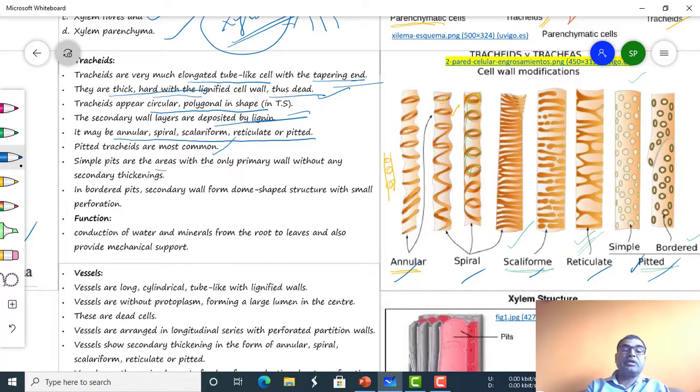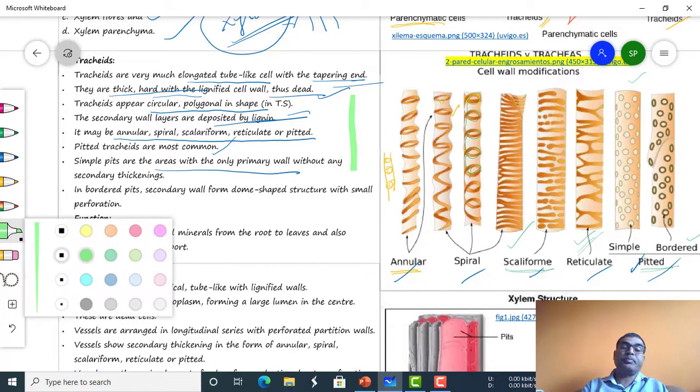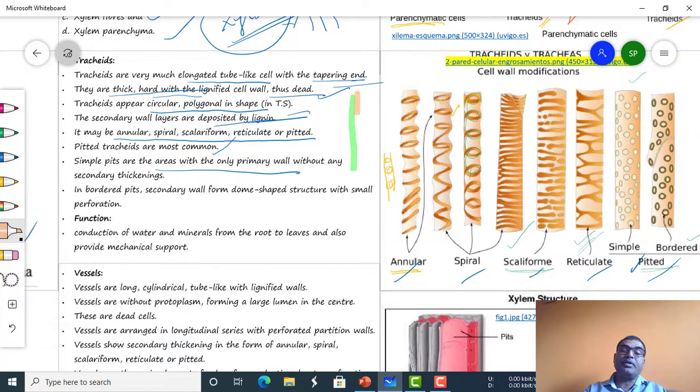Simple pits are the areas with only primary cell wall without any secondary thickening. So if we see this figure, suppose this one is a middle lamella. This one is the primary cell wall of the adjacent cell. Middle lamella is the portion in between the cells.